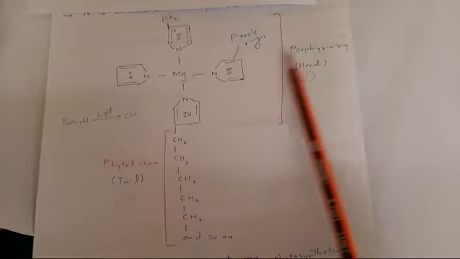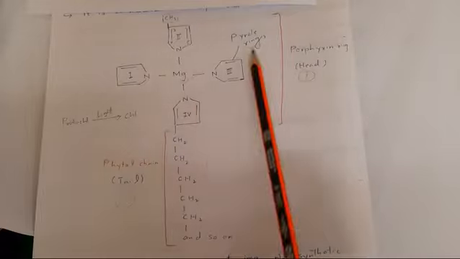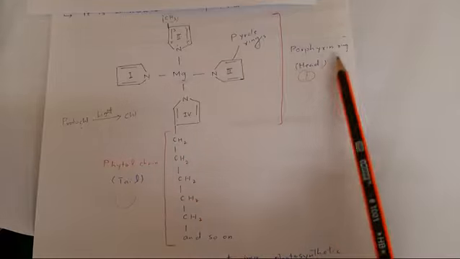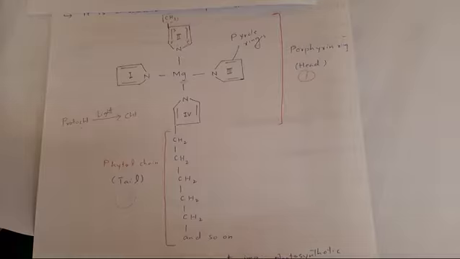So once again, the head consists of four pyrrole rings attached to a central magnesium atom, collectively known as the porphyrin ring or porphyrin head.